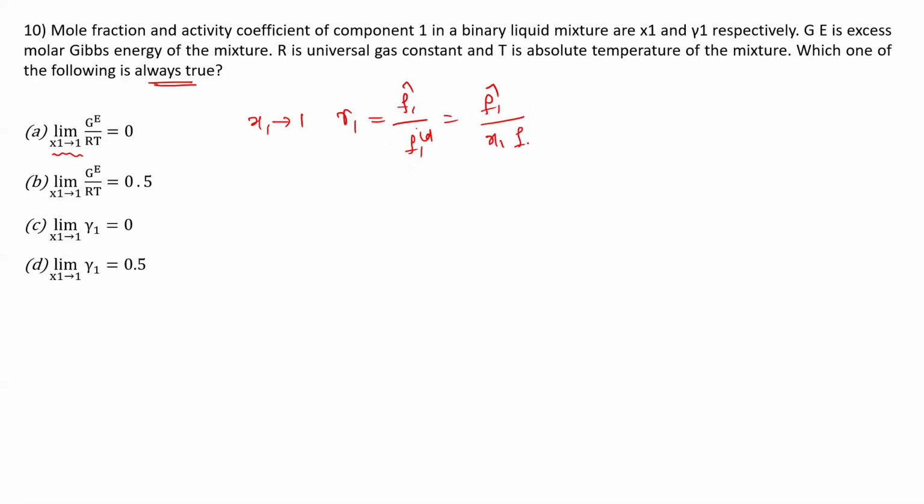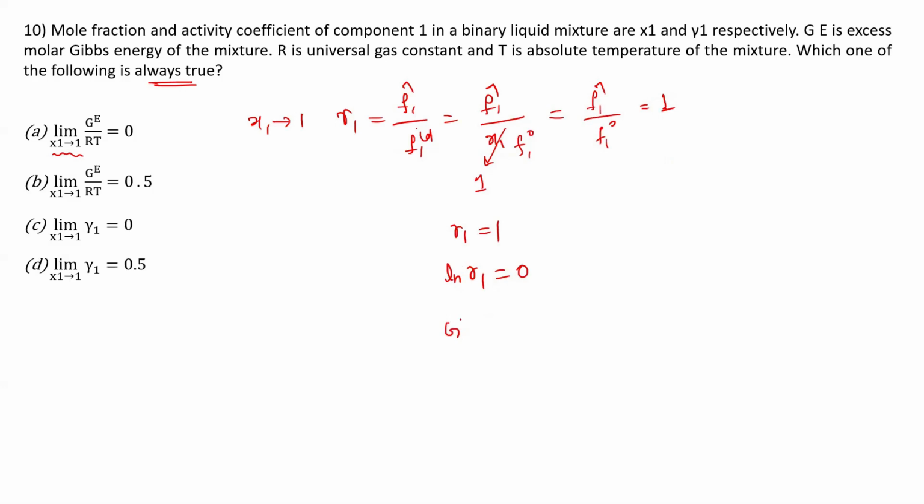It is x1 times f1 of the pure liquid. As x1 tends to 1, only one of the species is present, so f1 cap by f1 naught is equal to 1, both are the same. Then gamma 1 is equal to 1. Therefore, ln gamma 1 is equal to 0.